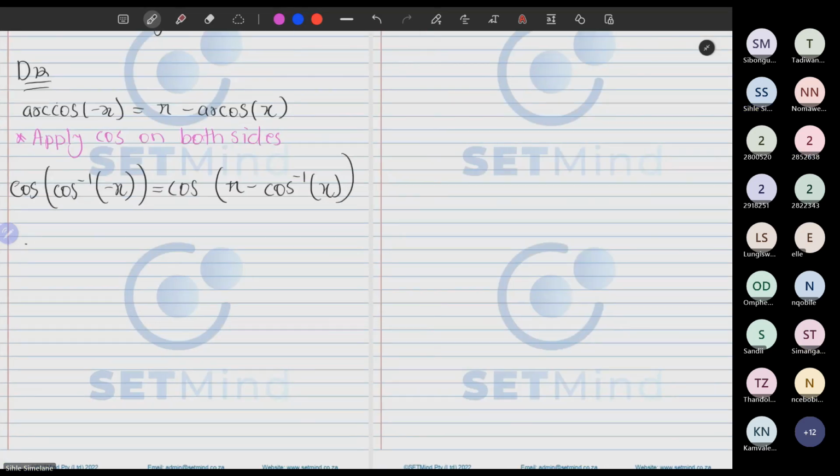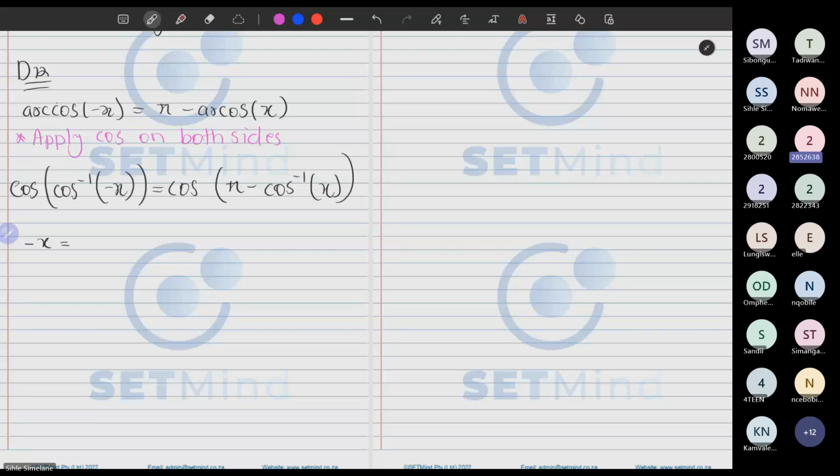Yes, minus x. And then the right-hand side, what is it going to be? Pi minus arc cos x. What do you mean?